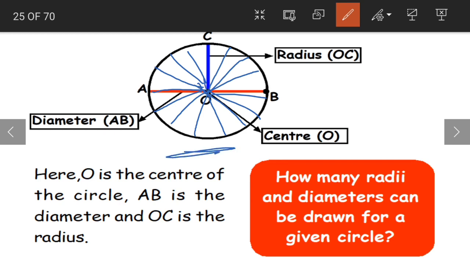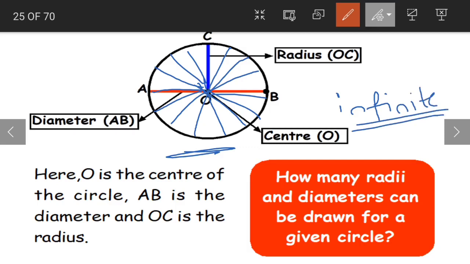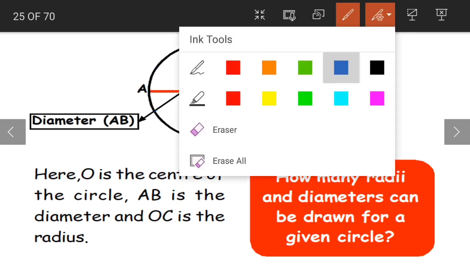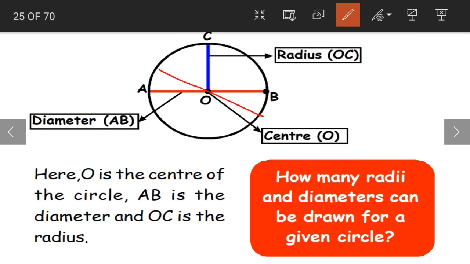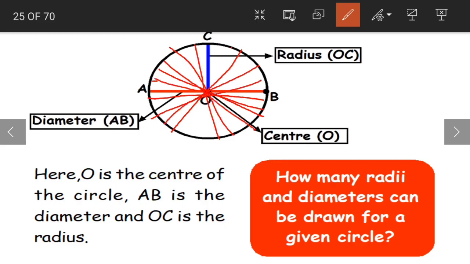For a given circle, we can have infinitely many radii. We cannot count the number of radii that we can draw. In the same way, even for diameters. See, this will be a diameter, this will be a diameter, this.